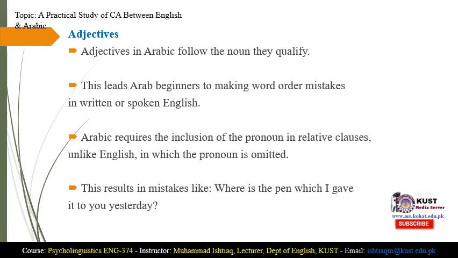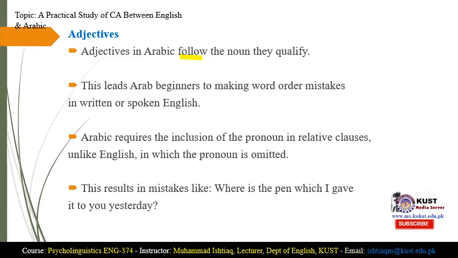So there are some English adjectives that follow the noun they qualify, but they are not actually English adjectives, they are imported foreign adjectives. However, there's a major contrast between Arabic and English in adjective position. When they follow, this leads a beginner to make word order mistakes in written and spoken English.